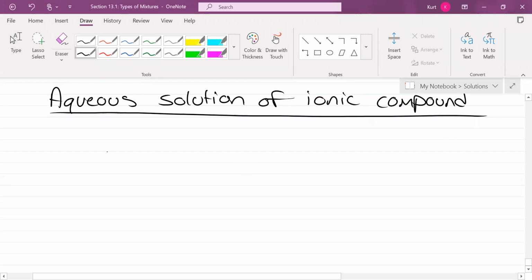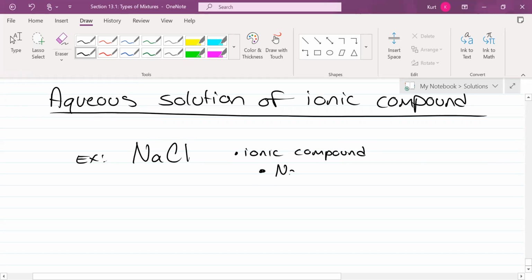Okay, let's talk about sodium chloride. NaCl. This is an ionic compound. If you get down to it, it is composed of a positively charged sodium ion and a negatively charged chloride ion. Okay?